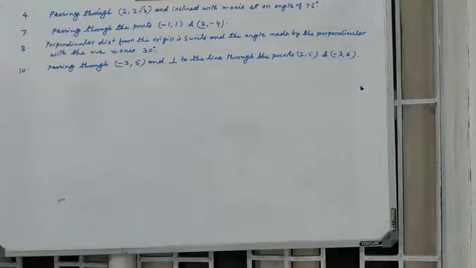Hello everyone. Today I am going to solve some questions based on different forms of equation of a straight line. So in the previous class we have learned different forms of equation of a straight line. First one is slope point form.